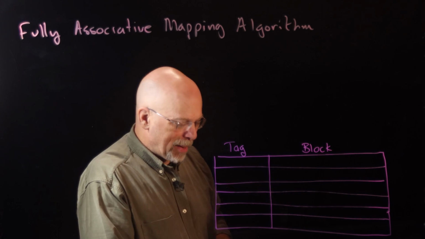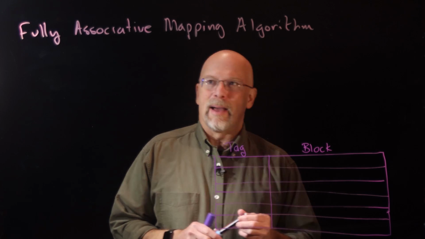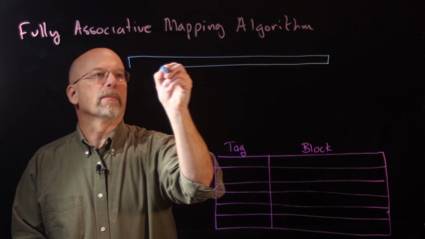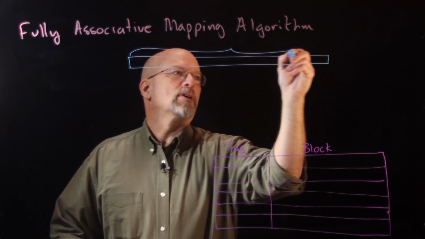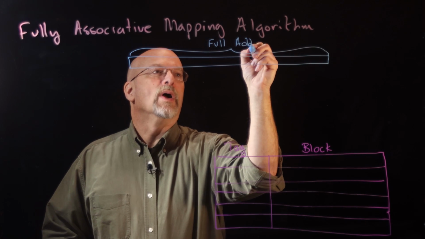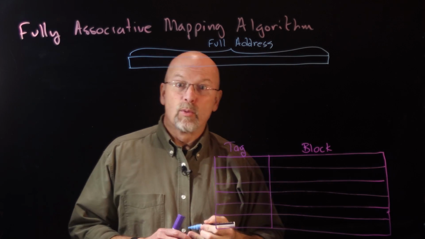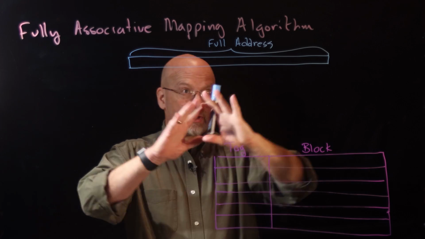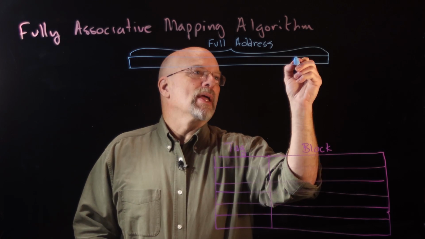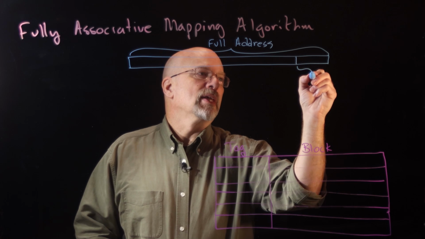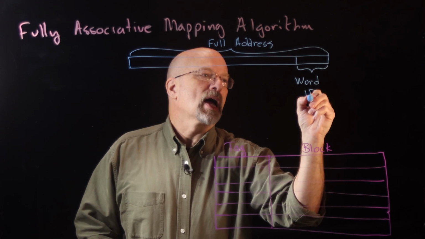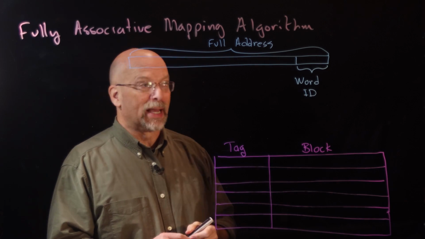And we talked about how we did that by saying, okay, we have the full address, right? That is the full address as being referred to when we're using RAM, the random access memory, so the binary pattern of ones and zeros. And we separated a couple of these bits toward the end, and we identified those as the word ID bits.